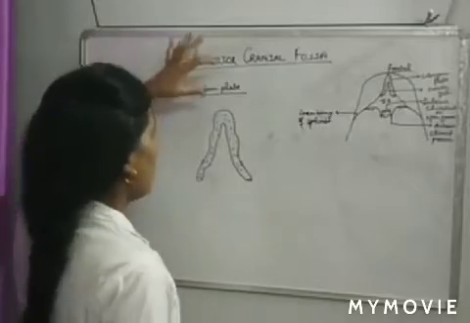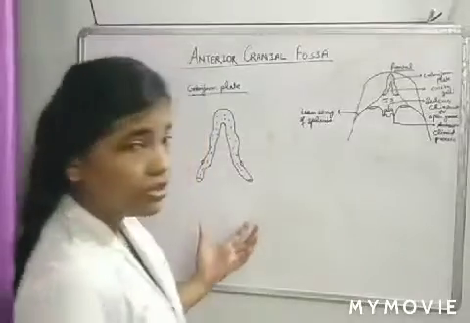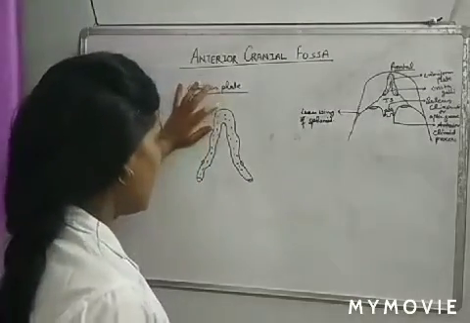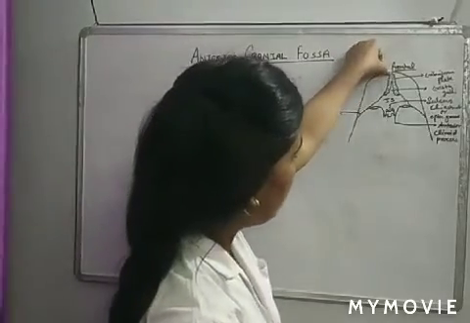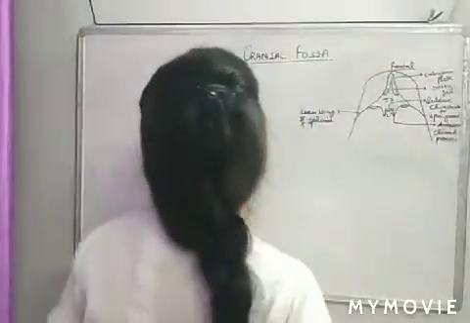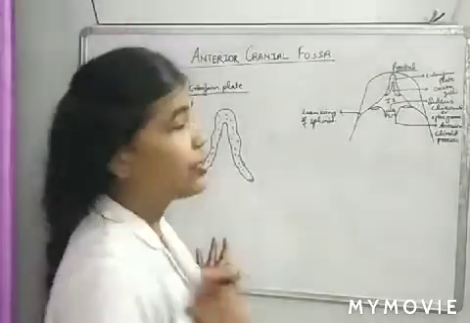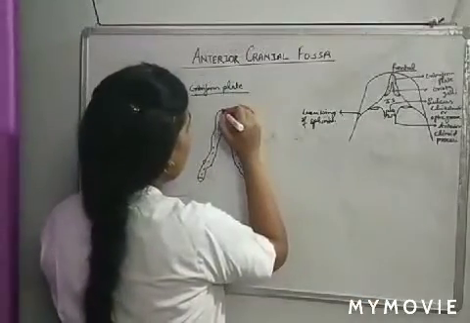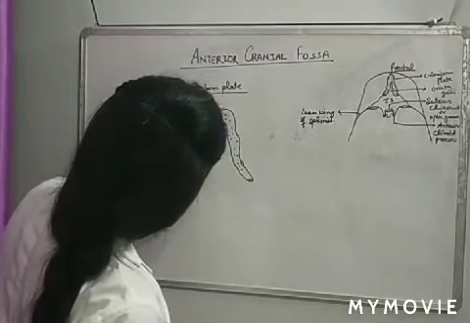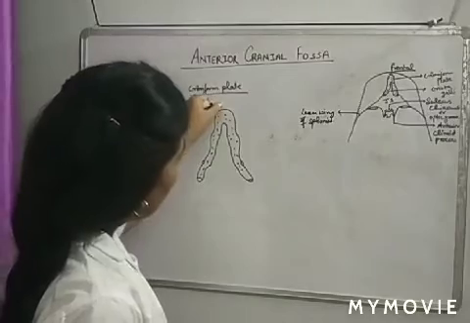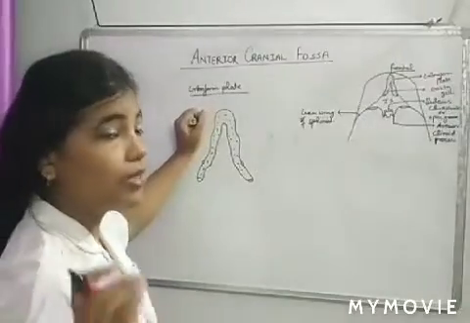It also has margins. The anterior margin articulates with the frontal bone. See, this is the anterior margin, articulating with the frontal bone at the frontoethmoidal suture. And medially on this suture there is a foramen, that is the foramen cecum.